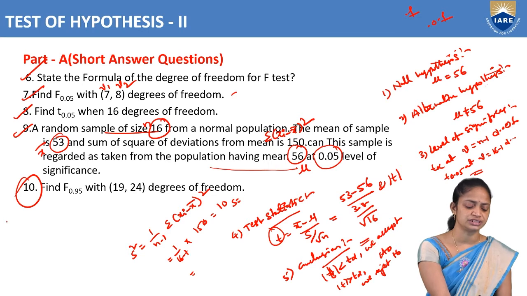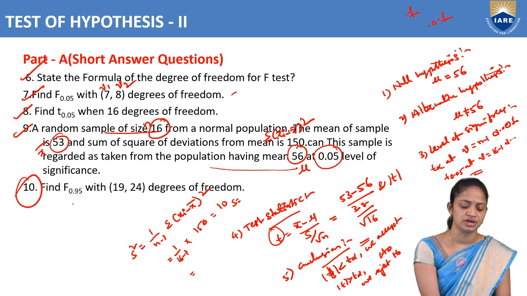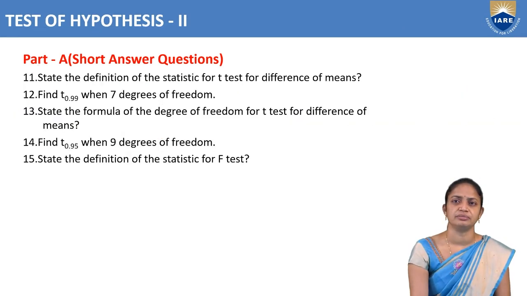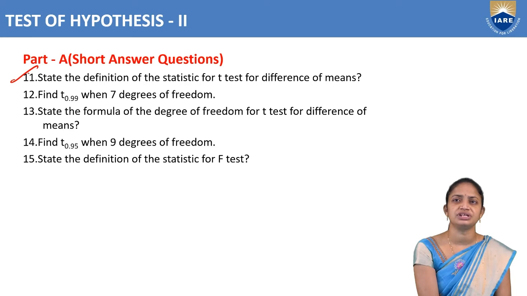The next question is to find F 0.95 with 19, 24 degrees of freedom. This value we can take from the F distribution table. Coming to part A, 11th question: state the definition of the statistic for the t test for difference of means.